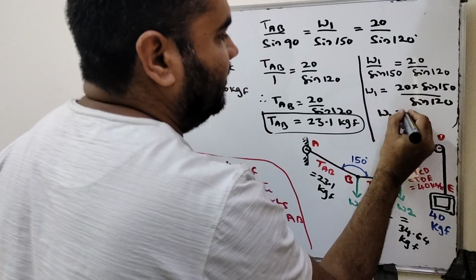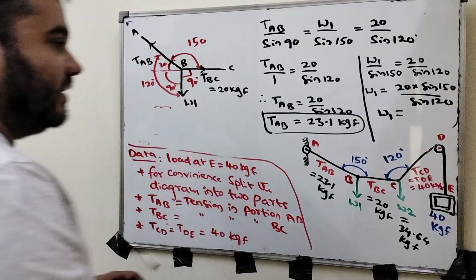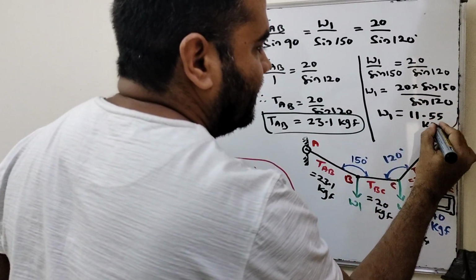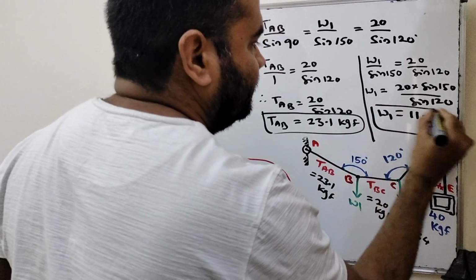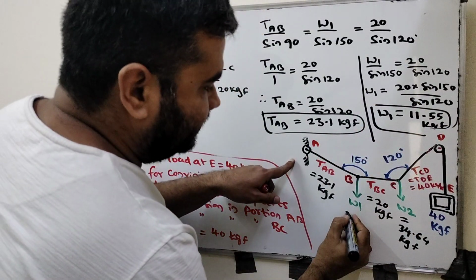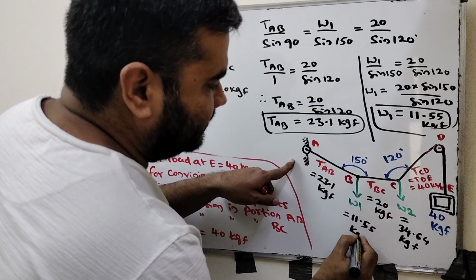Simplify and calculate. How much will we get here? After simplification we get 11.55 kgf. So where is W1? This will be equal to 11.55 kgf.